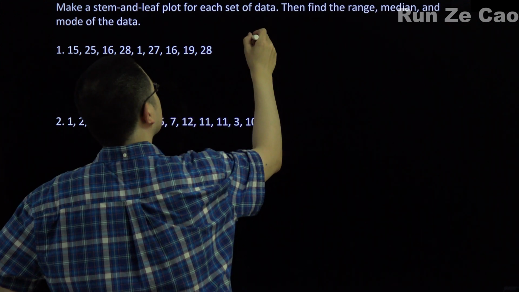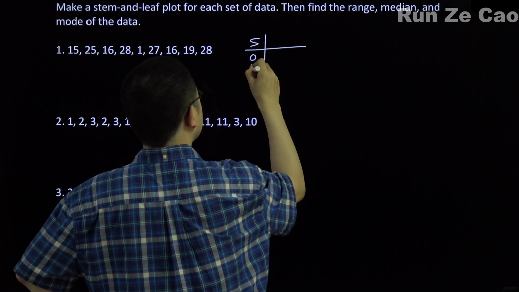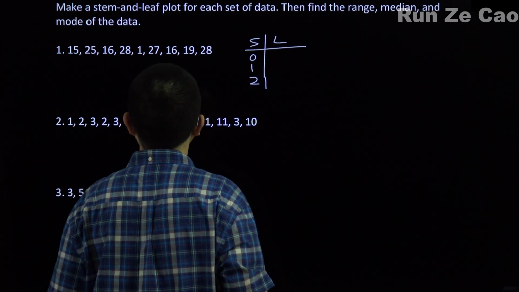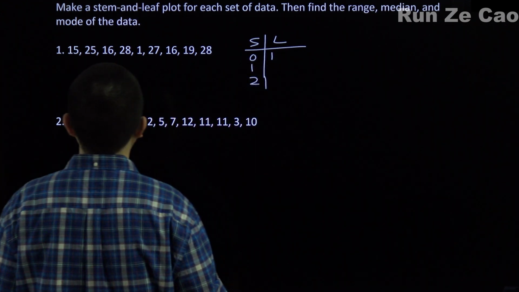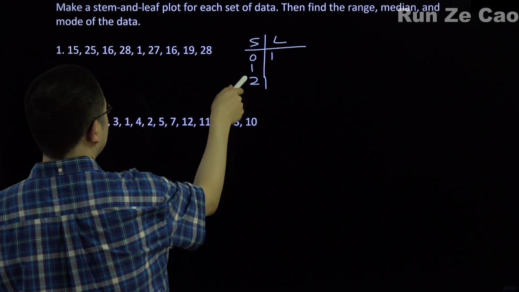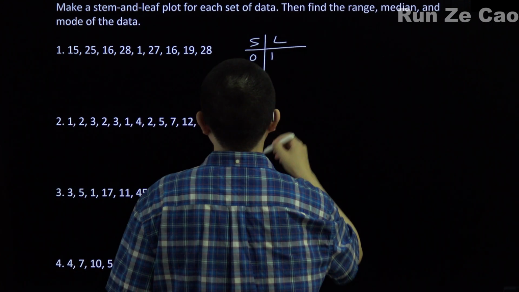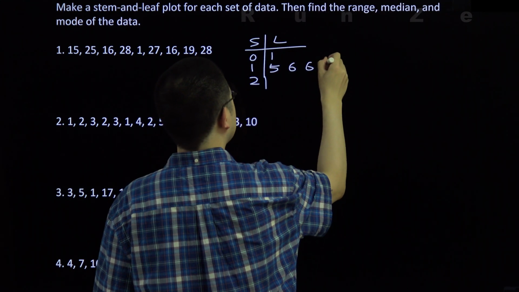Okay, so stem 0, 1, and 2. And leaf: so 0, 1. And stem 1 means that's 15, 16, 16, and 19.